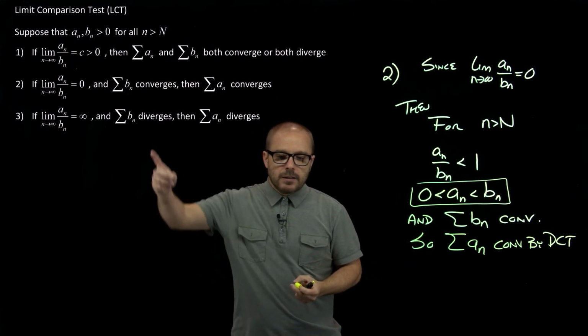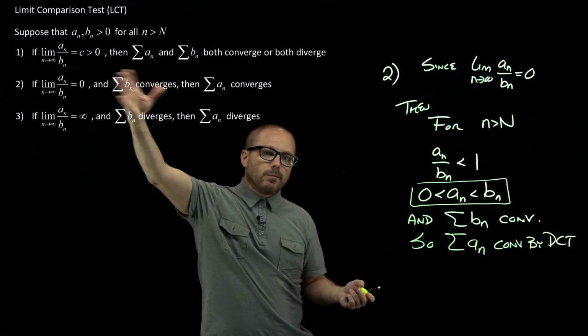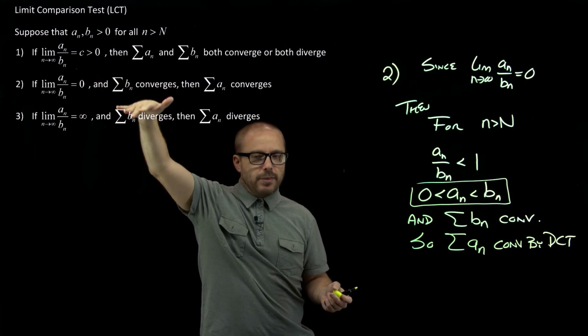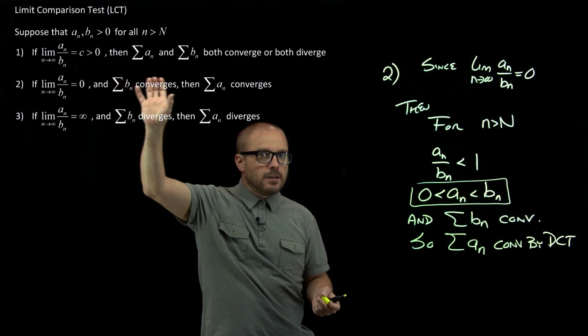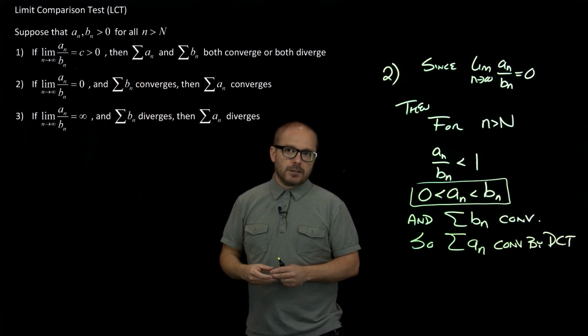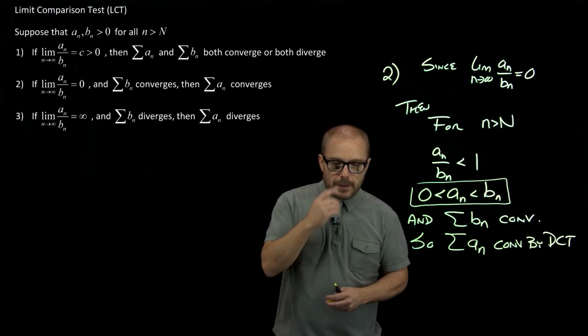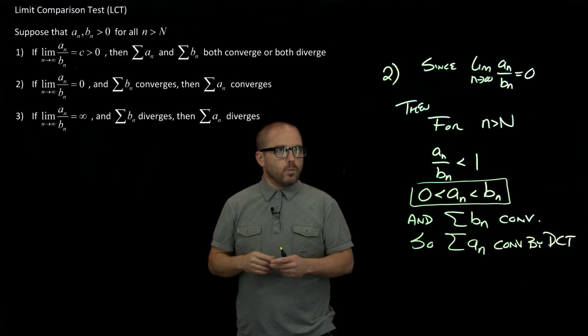And if you recall, the number 1, which I'm skipping, but we proved for integrals, also boiled down to DCT. So really all 3 of these, in their essence, are true because of some direct comparison. So we sort of inherit limit comparison from what we had in direct. So there's the 2 there.